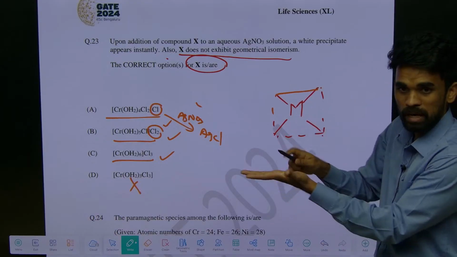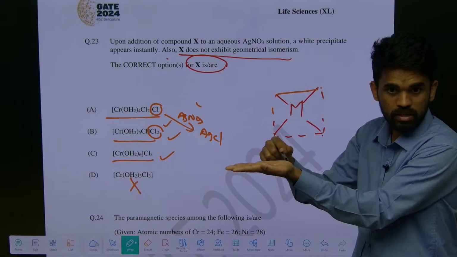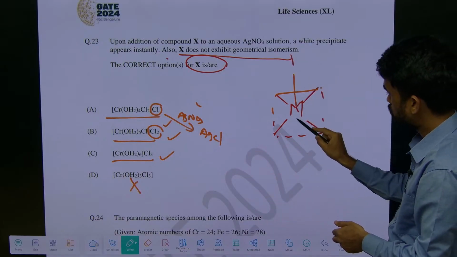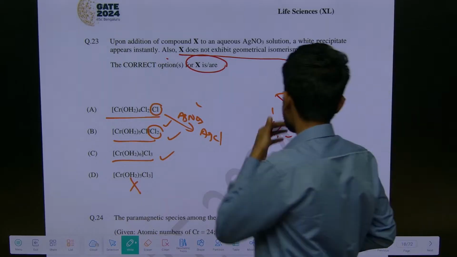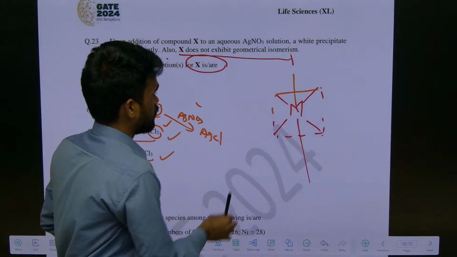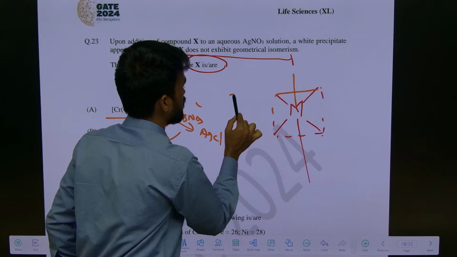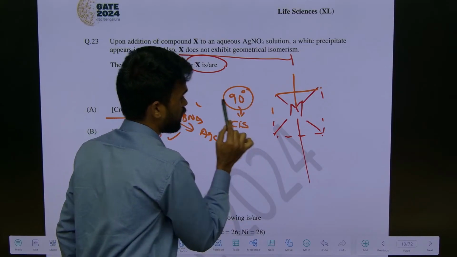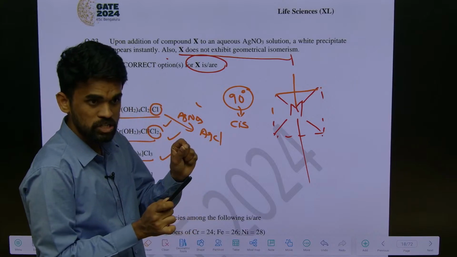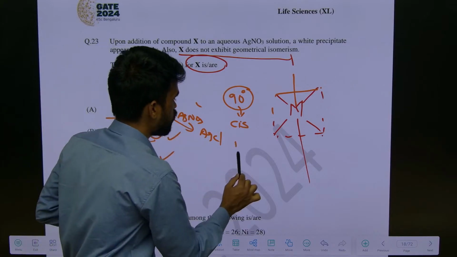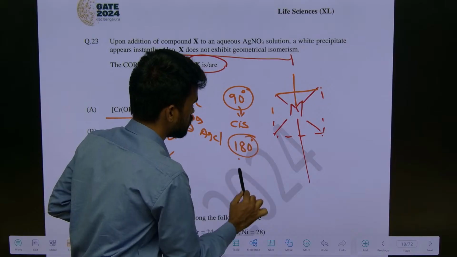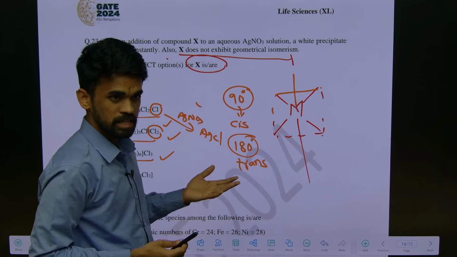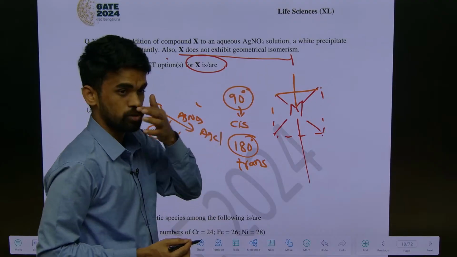A square is a planar species, right? Above the plane I place one line, and below the plane another. Now all the ligands which are at 90 degrees to each other are cis to each other. If they have a 180 degree relation, they are trans. So cis and trans are what geometrical isomerism means.